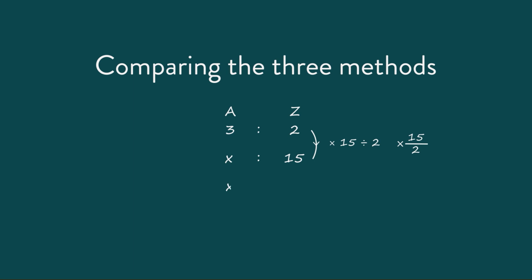So we now have x equals 3 times 15 halves. So we now have 45 divided by 2, which equals 22.5. The final answer is written as x equals 22.50, since this is an amount of money, £22.50. The multiplication factor of this method is referred to as the scale factor, and the method is called scaling the given ratio.